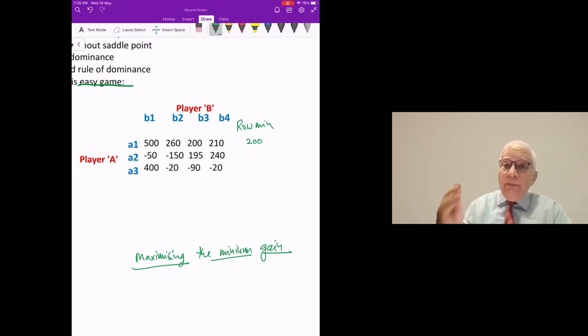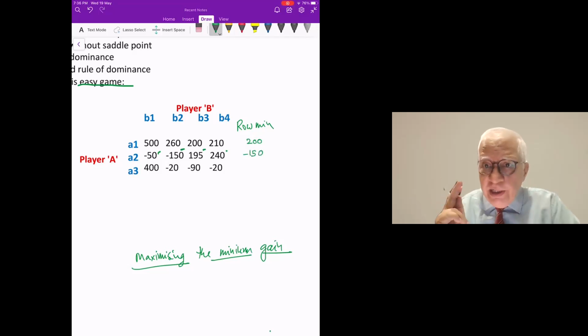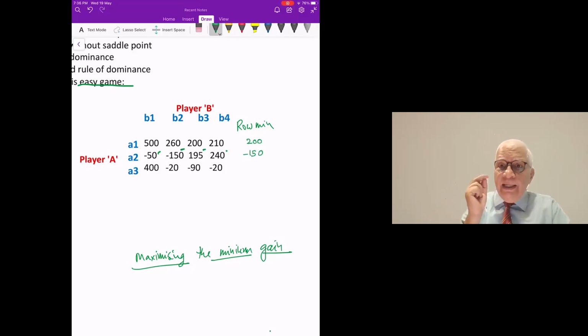By using strategy A2, what is the minimum gain? The numbers in the A2 row are minus 50, minus 150, 195, and 240. The minimum of this is minus 150. So if I play strategy A2, the minimum that I stand to gain is minus 150.